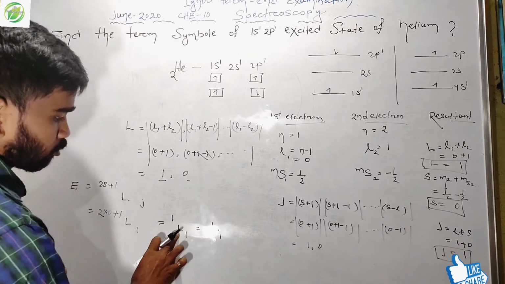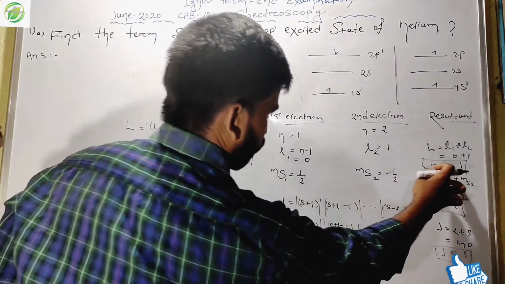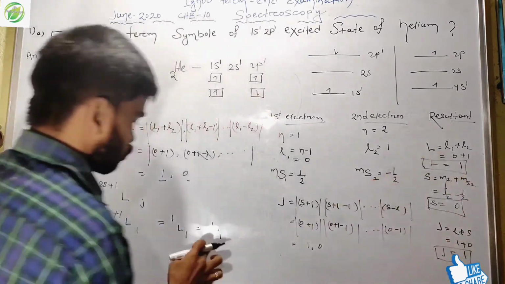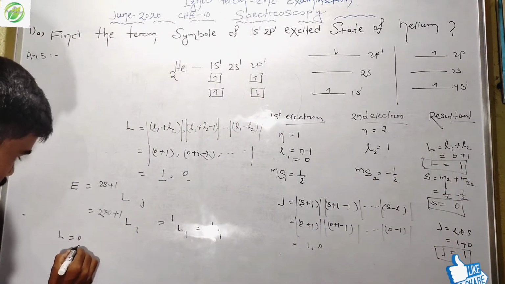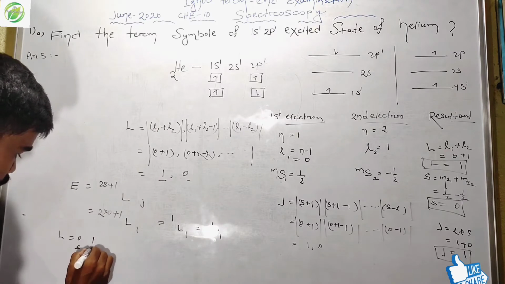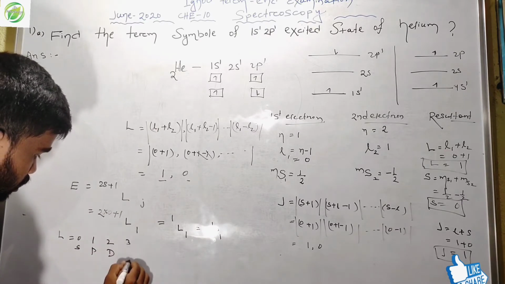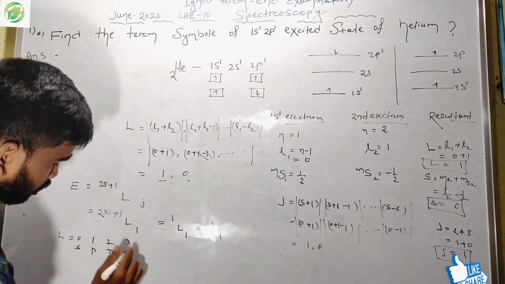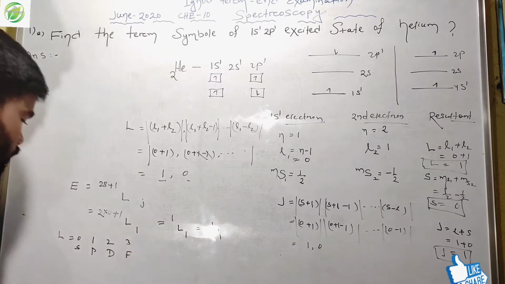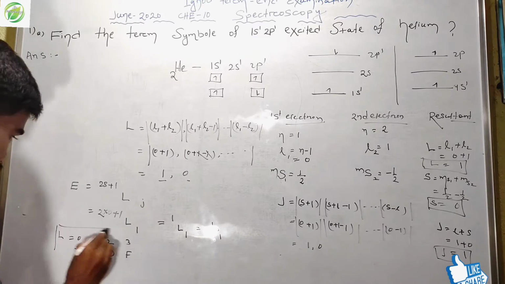For L value 0 we put S, for 1 we put P, for 2 D, for 3 F, like this.